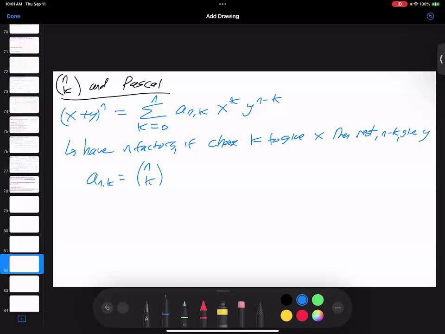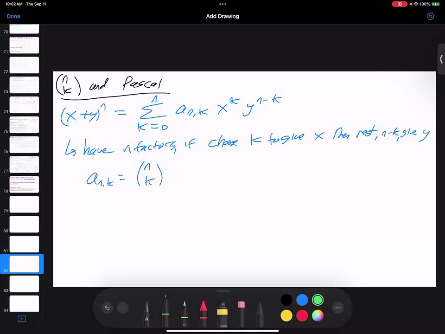We're really doing a little bit more than that. If there are n factors and we choose k to be x, how many factors remain? So if we choose k factors to be x, how many factors must be y?